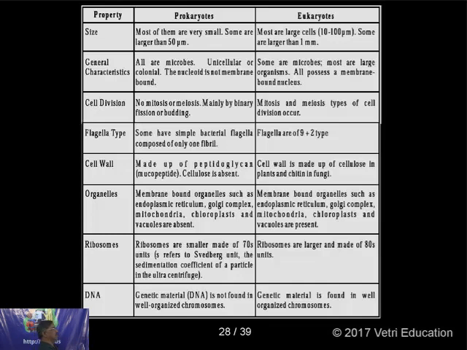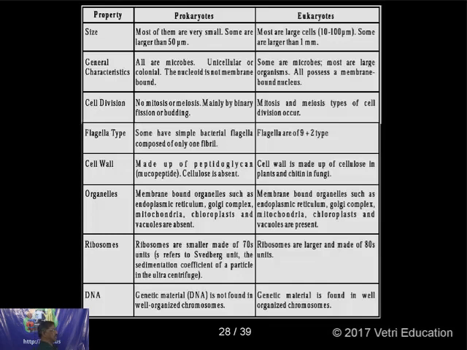Regarding cell division, in prokaryotes you find only binary fission, whereas in eukaryotes you find mitosis and meiosis. Flagella in prokaryotes have a simple single rod-like structure, whereas in eukaryotes you find a 9+2 microfibril arrangement.